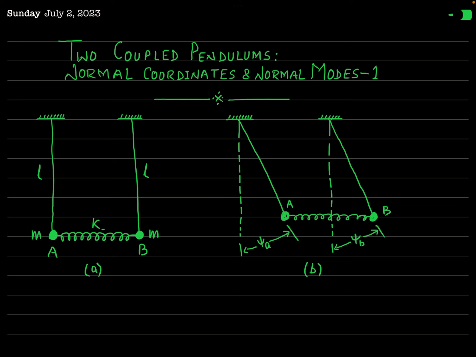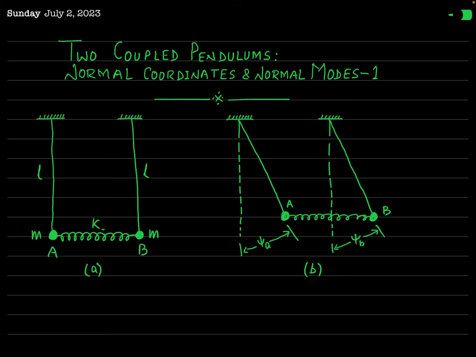So no tension is developed in this spring and the 2 bobs are in equilibrium. You can say in the equilibrium condition the spring is at its natural length. The separation between the 2 bobs is such that the spring is relaxed.